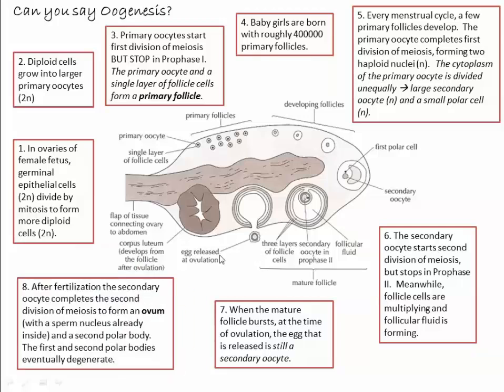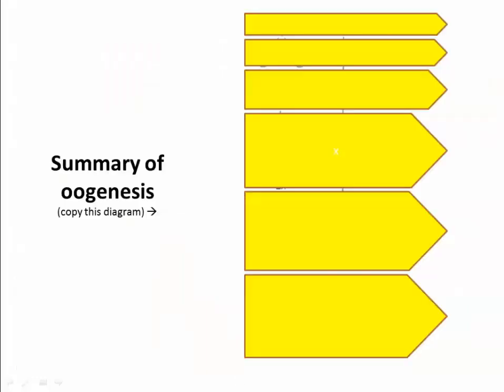And the egg will not complete the second division of meiosis until it has met the sperm cell for fertilization. After fertilization has actually occurred, the second division completes, and then you end up forming the second polar body, and then they are of no use anymore, so they degenerate and break down.